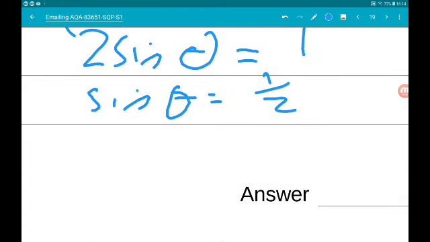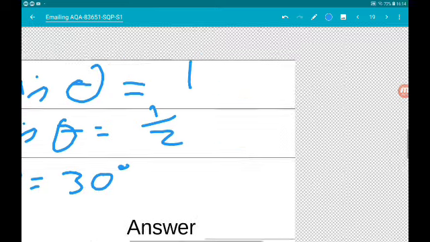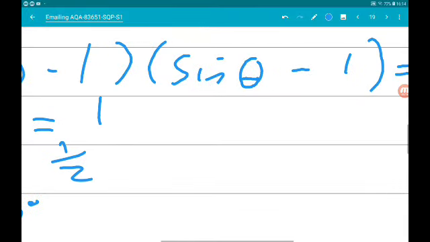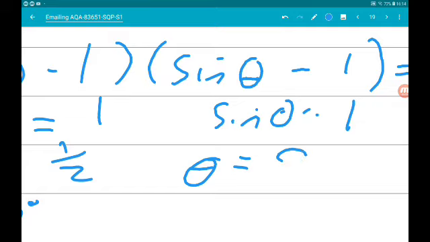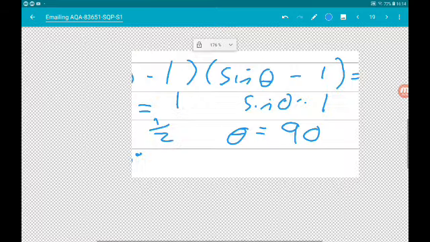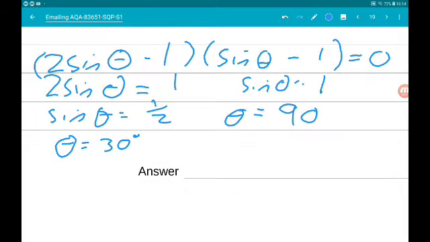So, this would tell us theta is 30 degrees, or this guy over here, sine of theta is equal to 1, and that happens when theta is equal to 90. So our two values are 30 and 90. Cool.